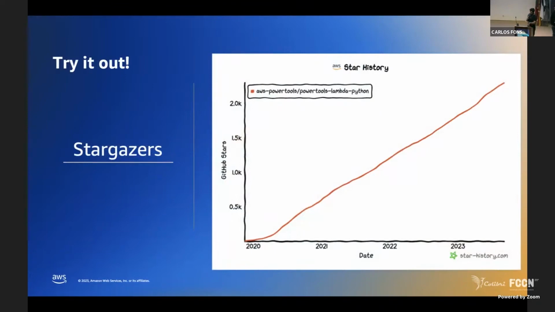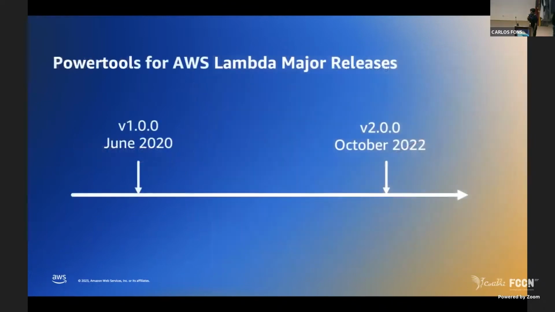And this was always at the beginning of the journey. The reason why we live and breathe those breaking changes is because we felt a pain building this real world software for our customers in the open, which is even more challenging. Version 1 was released in June 2020, version 2 after 2 years.